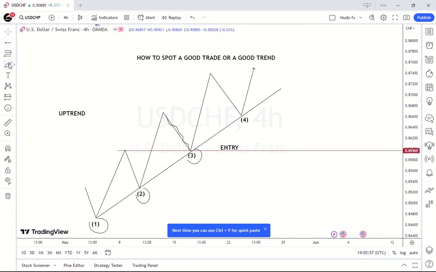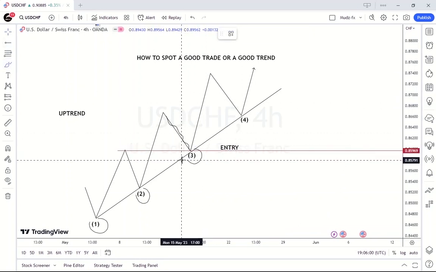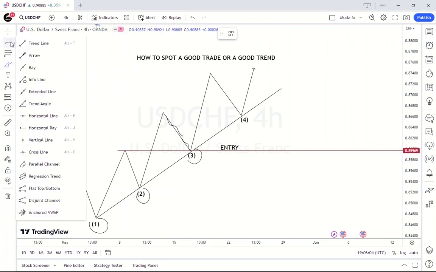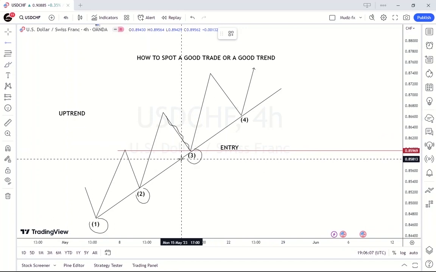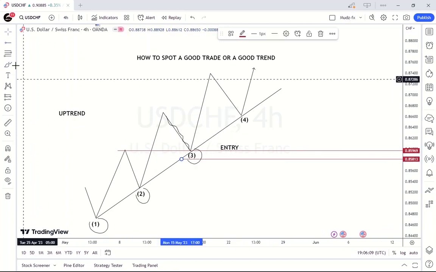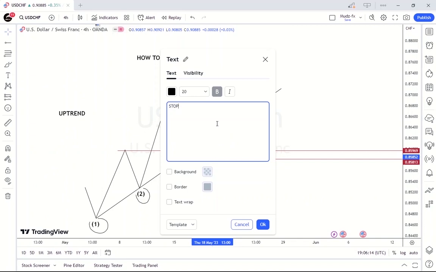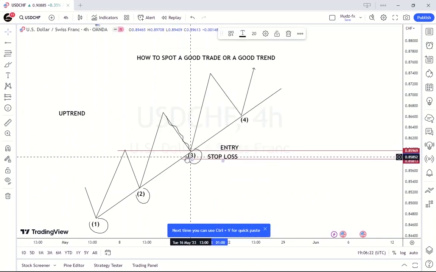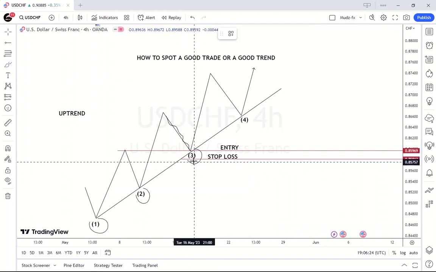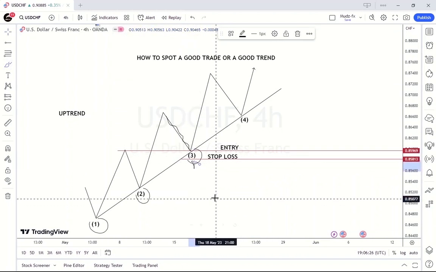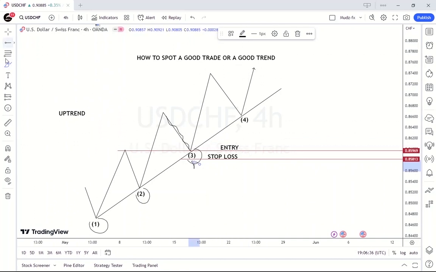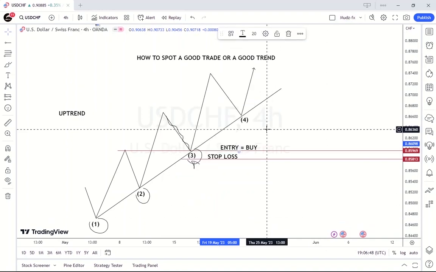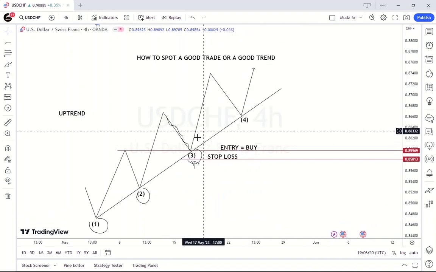When you enter, you put your stop loss right below the wick, right below the wick here. So your entry is going to be a buy.